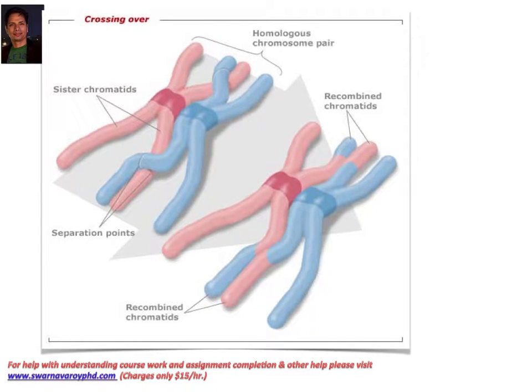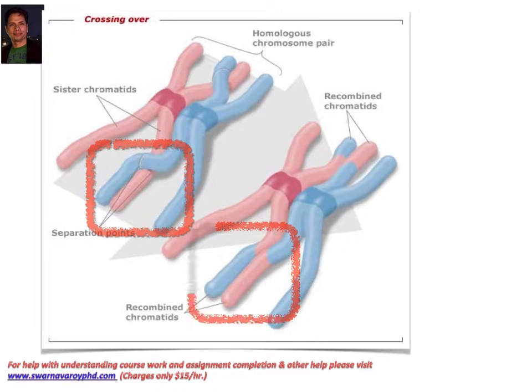Here is crossing over, and you can see how the pink chromosome and the blue chromosome, the non-sister chromatids, are actually exchanging parts or segments with each other. So you see in the red box how the blue chromatid is lying on top of the pink non-sister chromatid, and how in the second picture the parts have been exchanged, and how the pink chromosome now has a blue leg, as I can say, and vice versa, the blue chromosome has the pink portion.